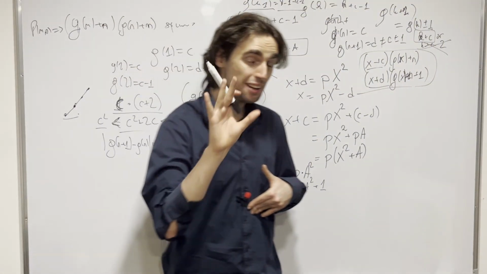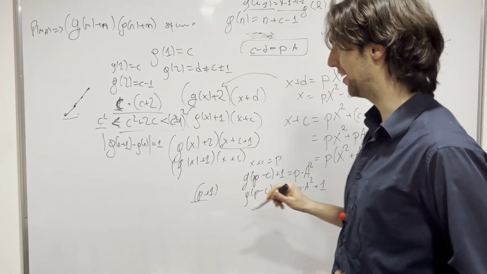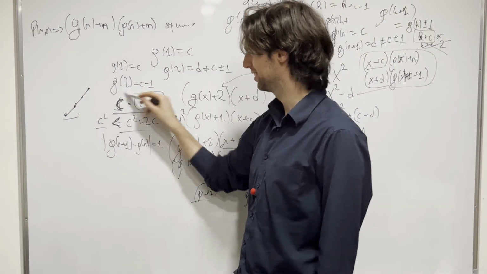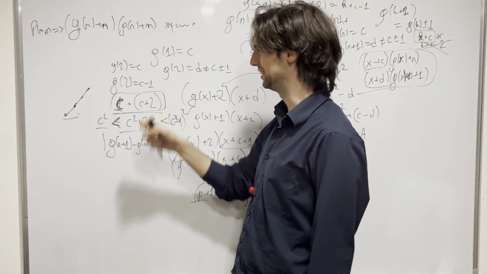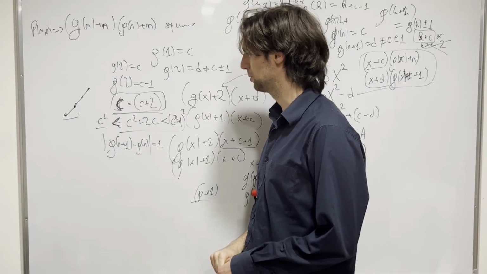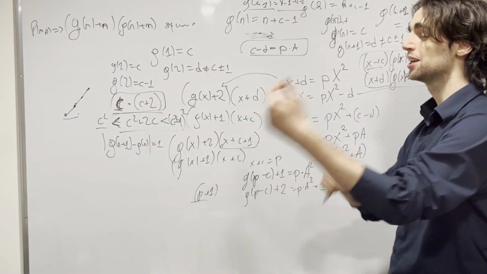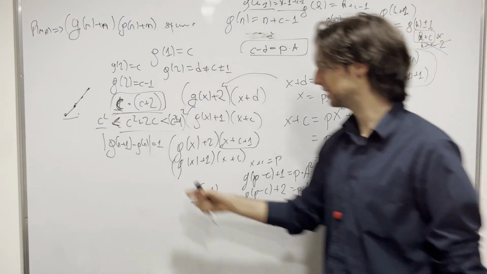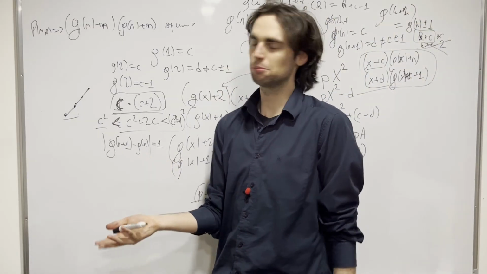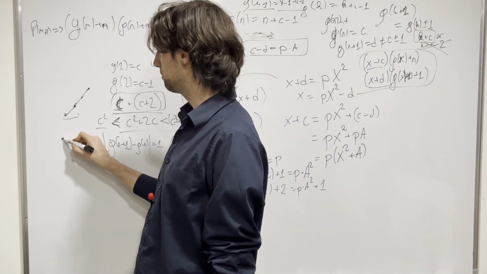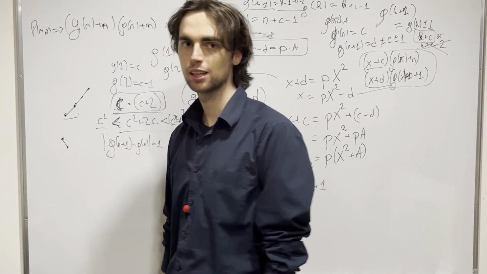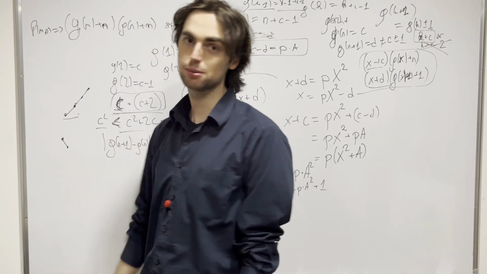Now, I personally did not figure out that when we plug in g of 1 is c and g of 2 is c minus 1, we'll get a contradiction. I didn't figure that out when I was solving this problem. For me, the idea was to use the injection part, saying that if from f of 1 we went down, we can't ever go up.